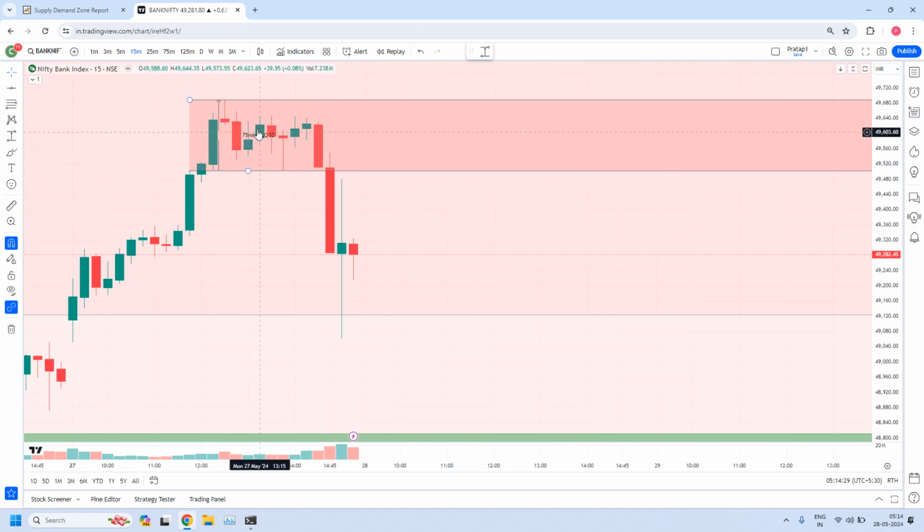We have a drop, 1, 2, 3, 4, 5, 6 candles, but this is also a leg out candle, part of the zone, and then leg out. So 7 candles we are getting. That's why the software did not list this. And this candle is not good enough for the leg out.